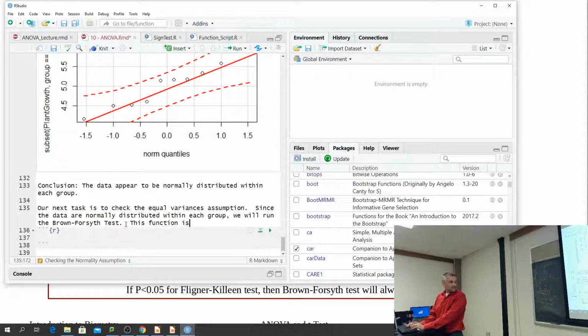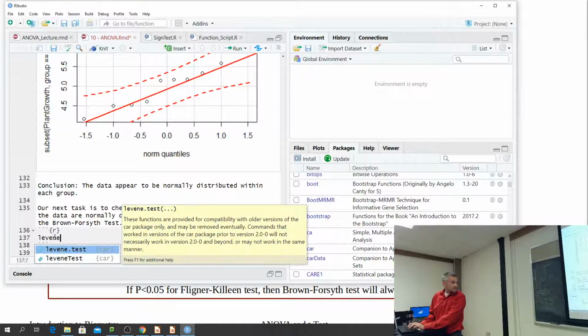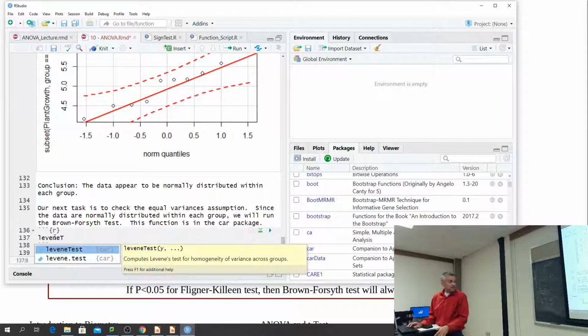This function is in the car package. Just to emphasize, if you were doing this and got errors saying it's not found, why not? It's in the car package. So, leveneTest. You see two options, they're both the same. This levene.test is being phased out.